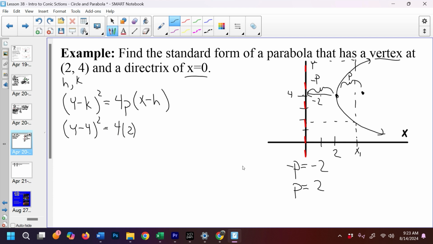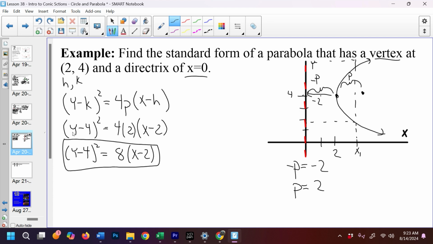That's my p-value, times x minus 2. This 2 refers to that 2 in the coordinates of the vertex. I will simplify just a little bit because it asks us to leave the standard form without distributing or multiplying out the square. There is my standard form.